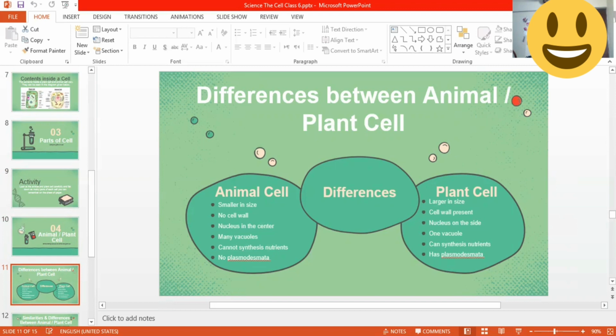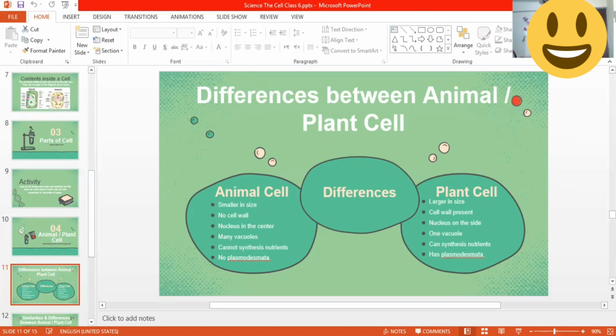Plant cell cannot synthesize nutrients, synthesize मतलब make नहीं कर सकता nutrients, plant cell, animal cell sorry, लेकिन प्लांट सेल ये चीज कर सकता है, प्लांट सेल अपने प्लांट के लिए, अपनी बॉडी के लिए न्यूट्रिएंट्स बना सकता है, सिंथेसाइज कर सकता है. प्लाज्मोडेस्माटा, एनिमल सेल में प्लाज्मोडेस्माटा नहीं होता, लेकिन प्लांट सेल में होता है. ठीक है, ये कुछ डिफरेंसेस हैं, you need to keep in mind.